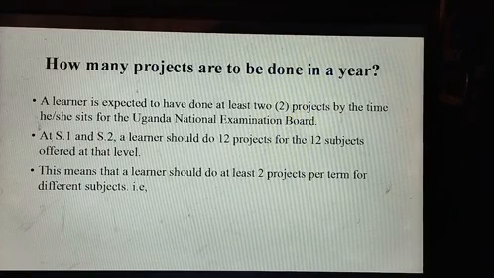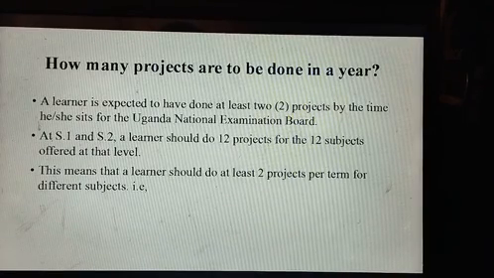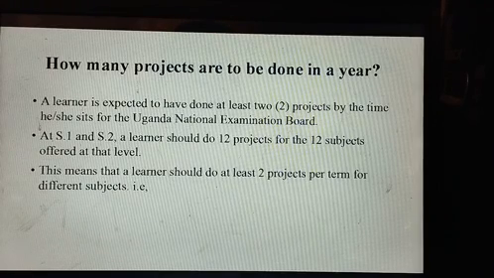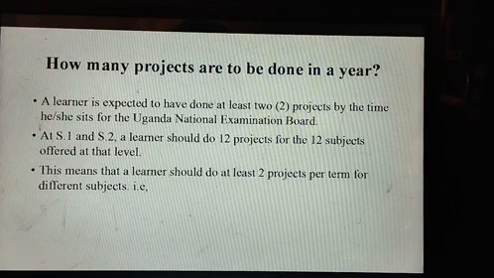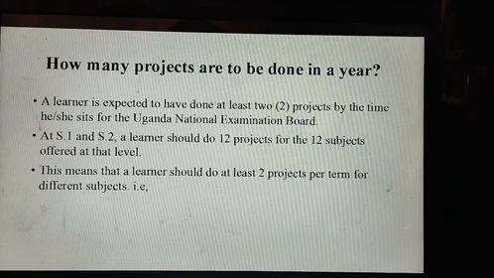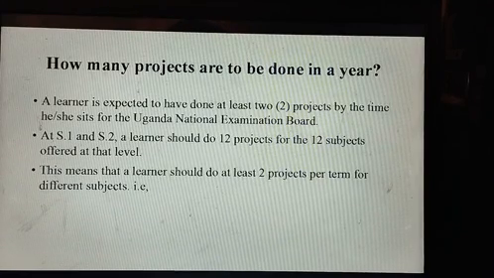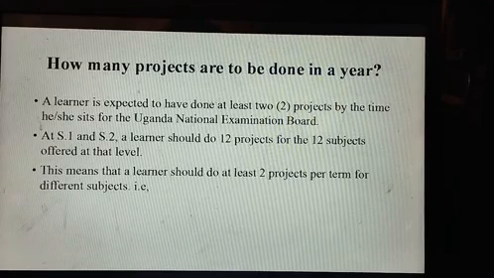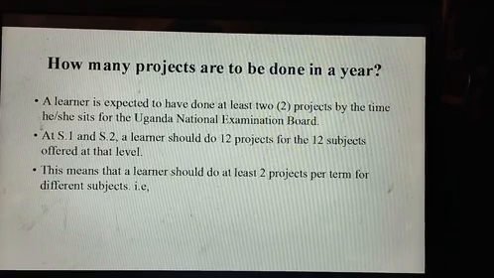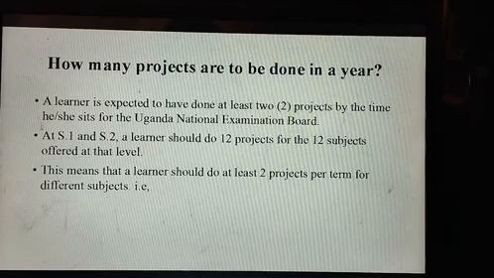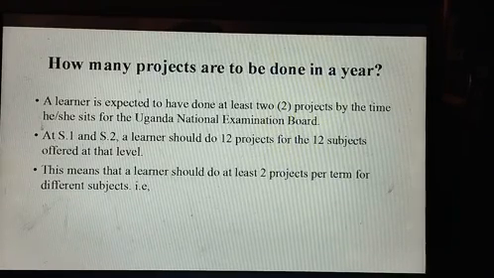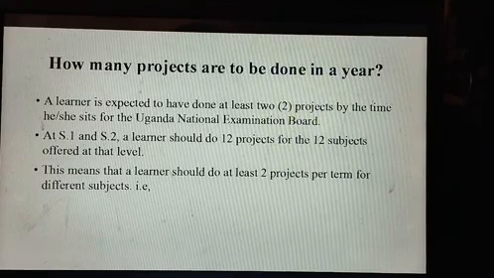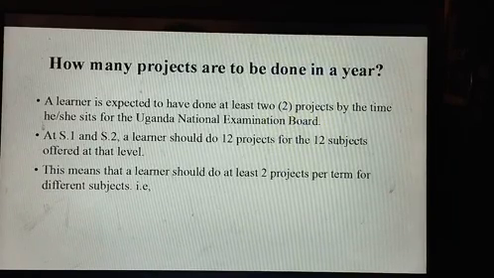Since there are 12 subjects, and in a year we are having 3 terms, and we have considered senior 1 and senior 2, those become 6 terms within 2 years. So how many projects can you do in 1 term? 12 divided by 6, we come up with 2 projects. So therefore, a learner has to do at least 2 projects per term.